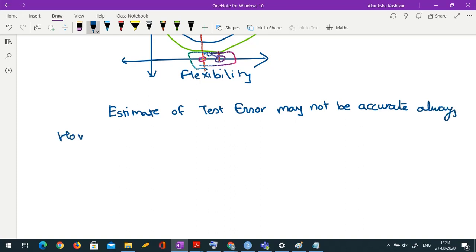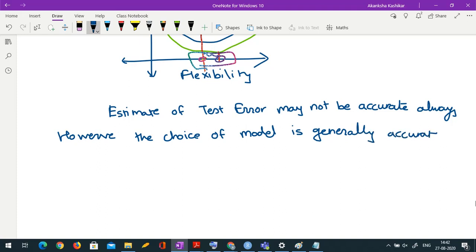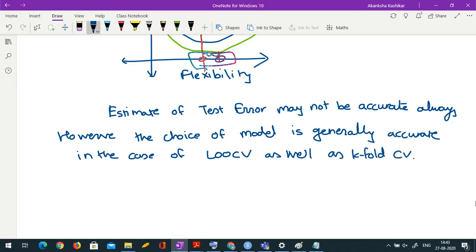However, the choice of model is generally accurate in the case of LOOCV as well as k-fold cross validation.